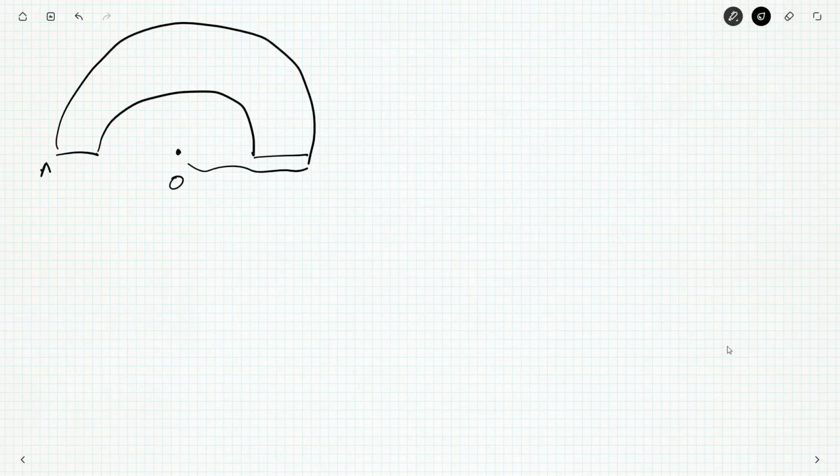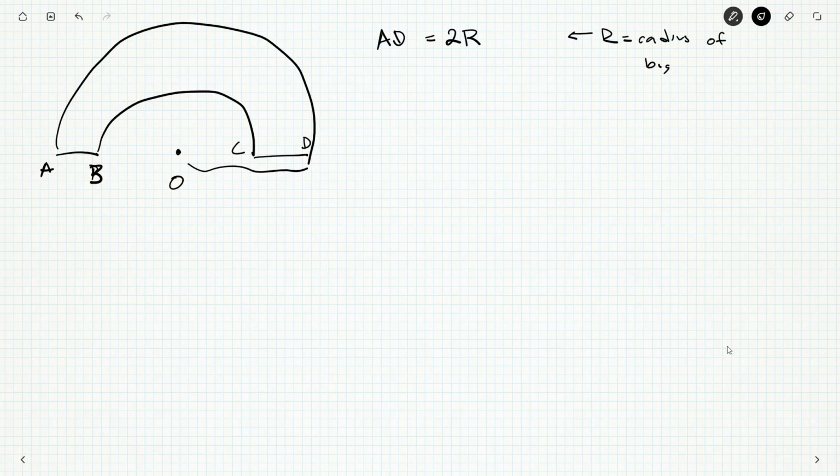So we have A, B, C, D. So AD, let's let that be 2R, where R here is the radius of the big semicircle. And let's let BC be 2 little r, where r here is the radius of the little semicircle.